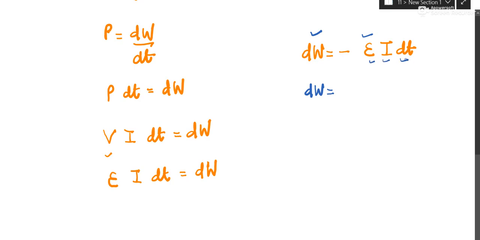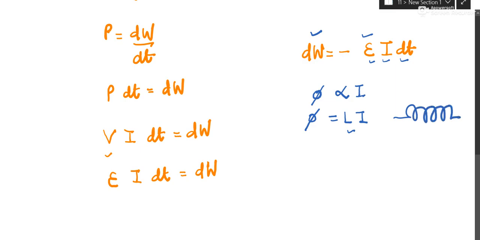So let us talk about this E. We all know flux is directly proportional to current. Removing proportionality, we get phi equals L i. L is the self-inductance of the inductor. This is a solenoid, or you can say inductor. Its self-inductance is L. As per Faraday's laws of EMI, we have E is equal to minus rate of change of flux, d phi by dt.